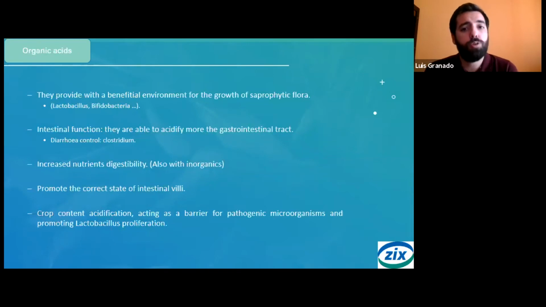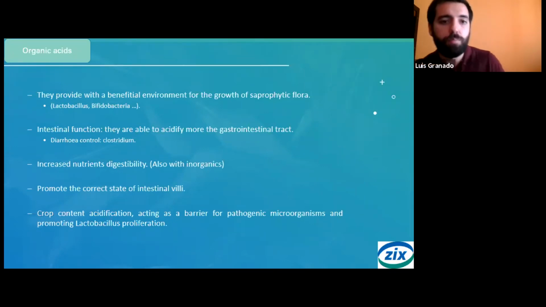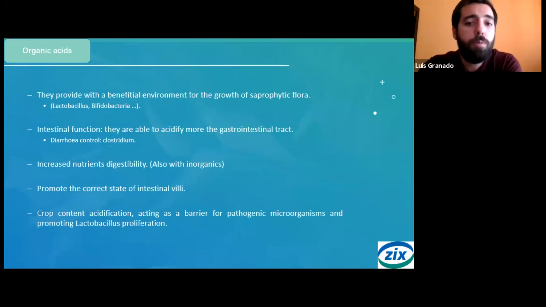The important thing to know about the organic acids is that they generate beneficial environments for the growth of the saprophytic flora, all right, which are lactobacillus and bifidobacteria. And later on, by competitive exclusion, they will oust other bacteria, right? They will be able to acidify the gastrointestinal tract better.